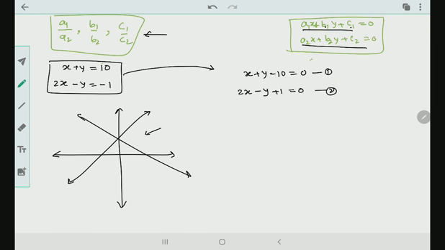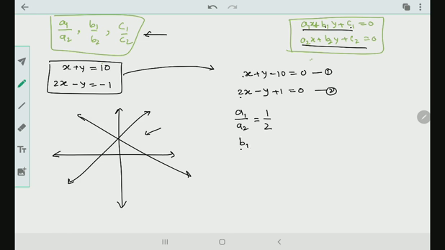A2 is the coefficient of x in the second equation, B2 the coefficient of y in the second equation and C2 the constant term in the second equation, which I can easily identify from this. A1 upon A2 is the coefficient of x in the first equation, 1, upon 2. That's it.